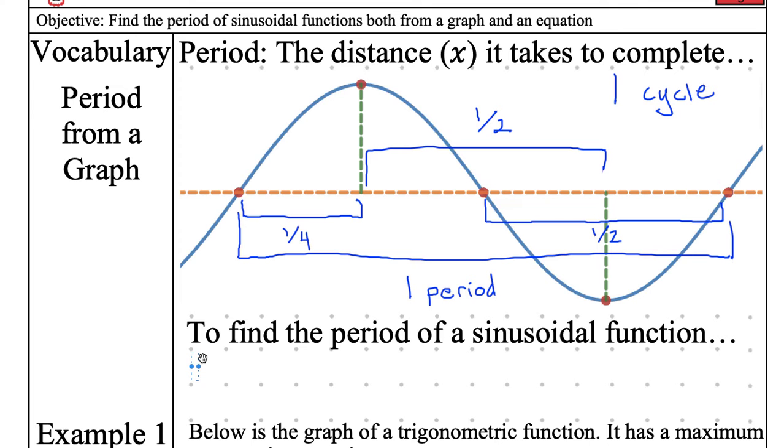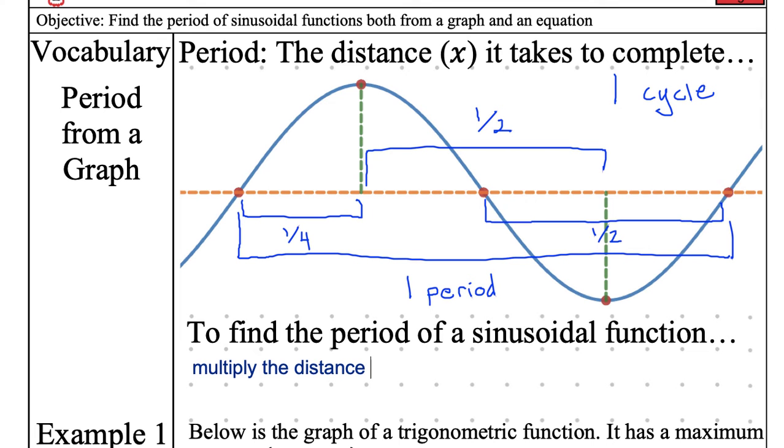To find the period of a sinusoidal function, you are going to multiply the distance that they give you. So they'll give you, hey, the distance between here and here is 3.2.